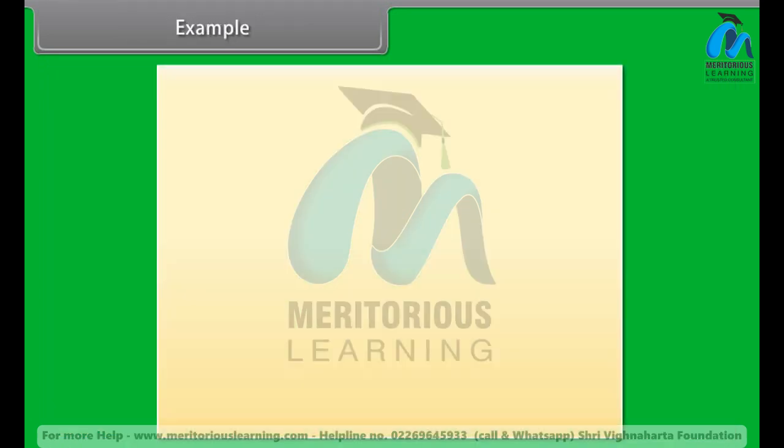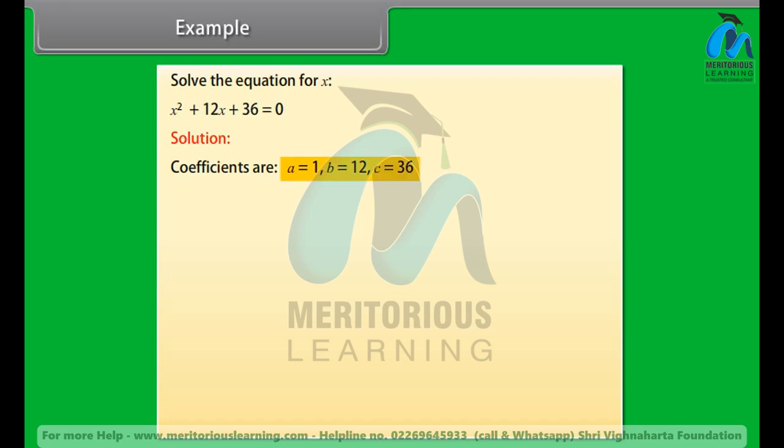Example: solve the equation for x. x² + 12x + 36 = 0. Solution: coefficients are a = 1, b = 12, c = 36. D = b² − 4ac.